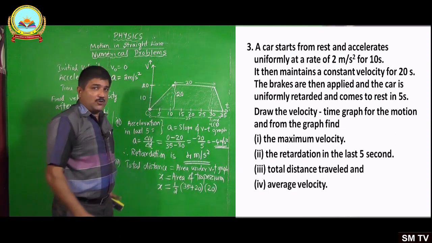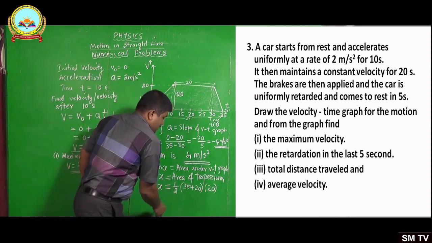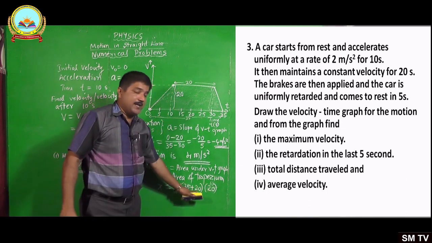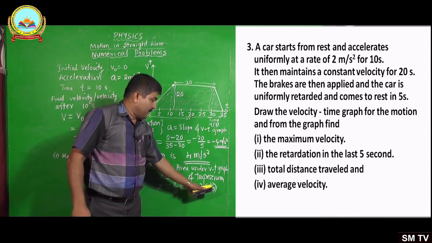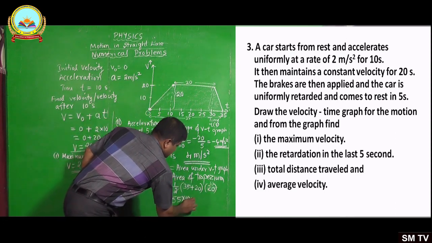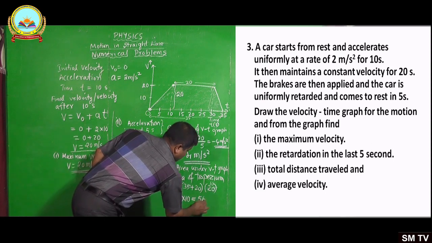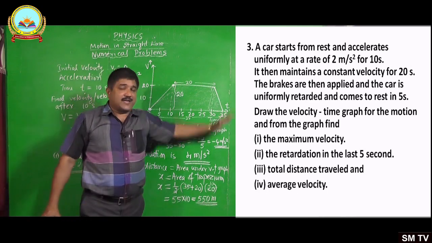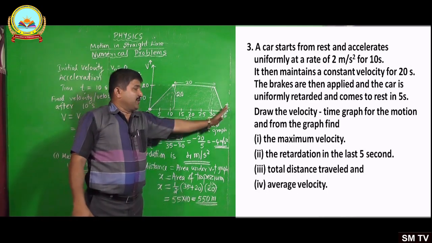Now you have to do the simplification. You can use a calculator if necessary. So 35 plus 20 is 55. 55 multiplied by 10, so that is 550 meter. 550 meter is the total distance travelled by the car in 35 seconds.